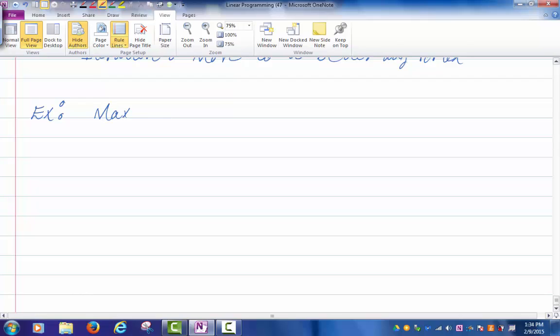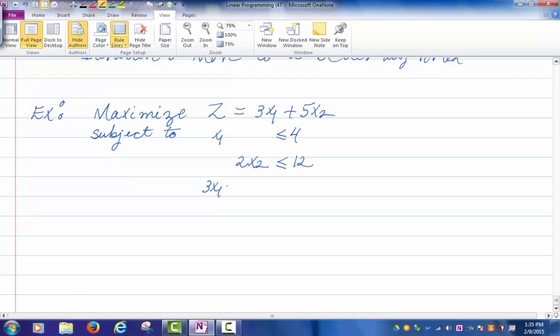Maximize z equals 3x1 plus 5x2 subject to x1 less than or equal to 4, 2x2 less than or equal to 12, 3x1 plus 2x2 less than or equal to 18, and x1 greater than or equal to 0, x2 greater than or equal to 0.